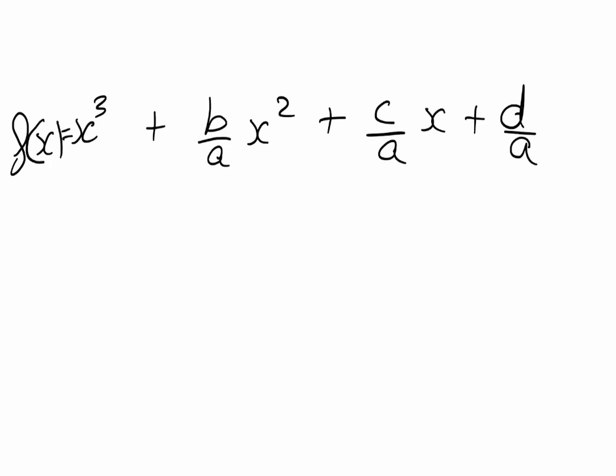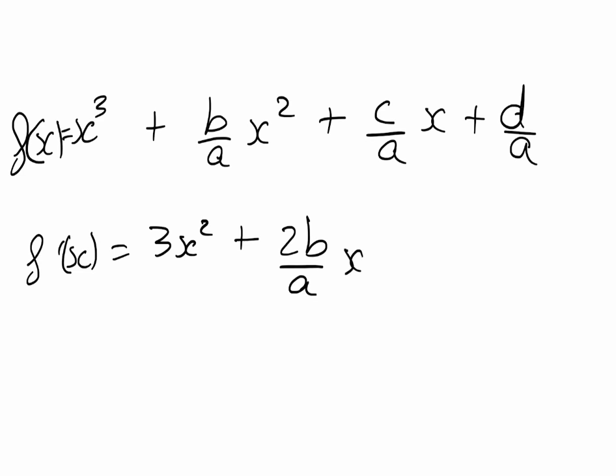Then we find f dash of x, which is equal to 3x squared plus 2b over a x plus, and the remaining terms are fairly irrelevant to write at this point because they won't continue to the next phase.